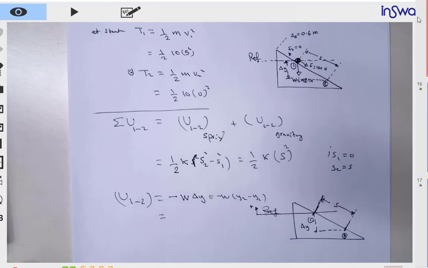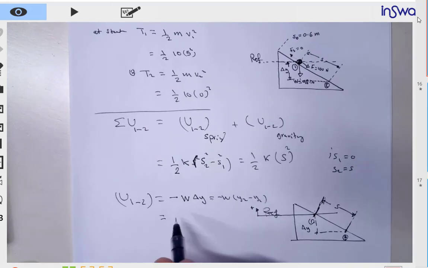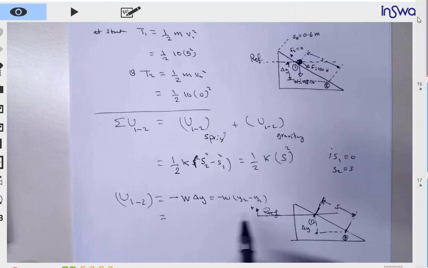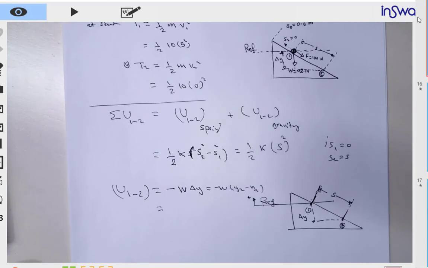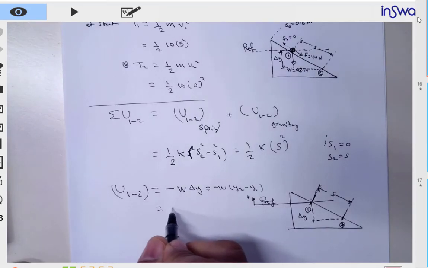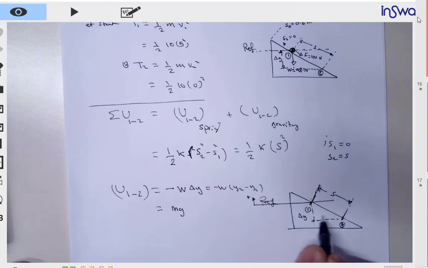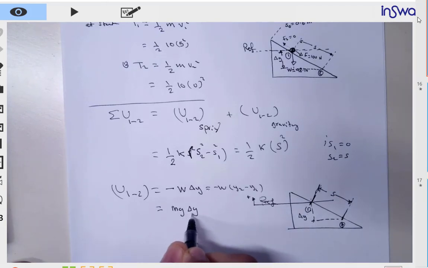If you don't like this analogy, it's a multiplication of the distance delta y by the W, but is it negative or positive? Common sense says this is going downward, I don't really need energy to bring it down, so it's going to self-slide, so that must be positive. So it's equal to mg multiplied by delta y.